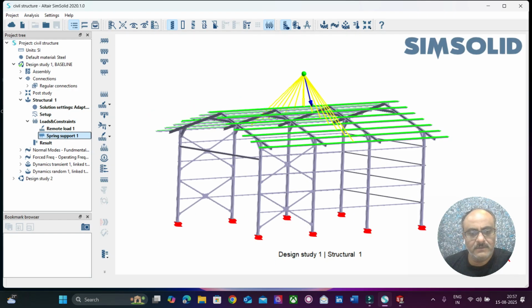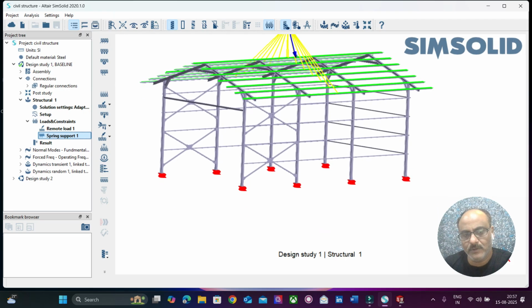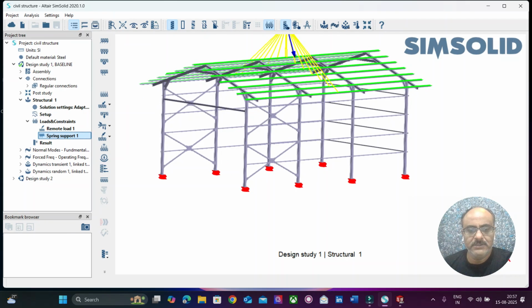And then we have the constraint mechanisms, how it is constrained. So we have given spring support to all the members, assuming that it is kept on soft soil and completely embedded into the soil.